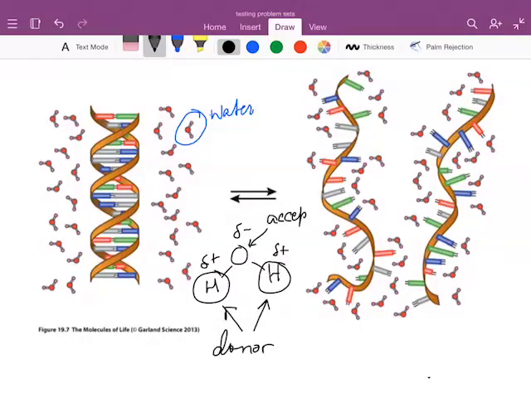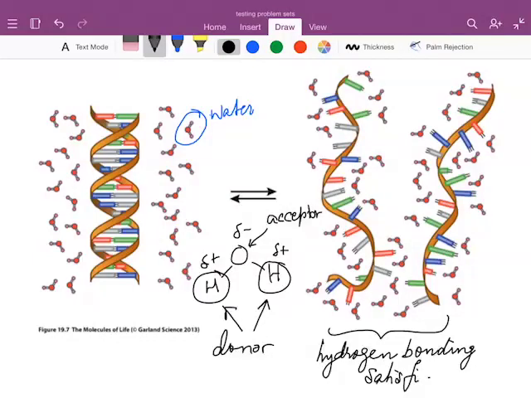So when you think of the bases in DNA before they form the double helix, they are all hydrogen bonded with water. So their hydrogen bonding capacity is satisfied. Each of the bases has multiple hydrogen bonding potential for both donor and acceptor, and these hydrogen bonding donor and acceptor capacities are satisfied by water.